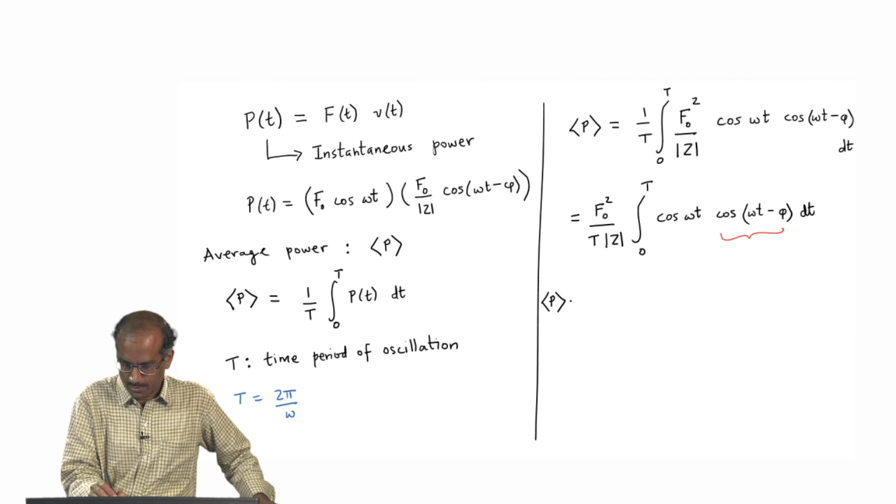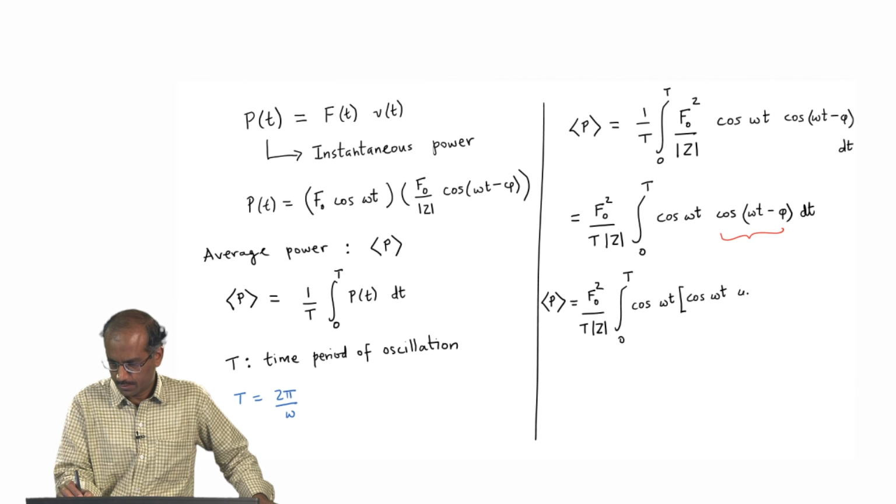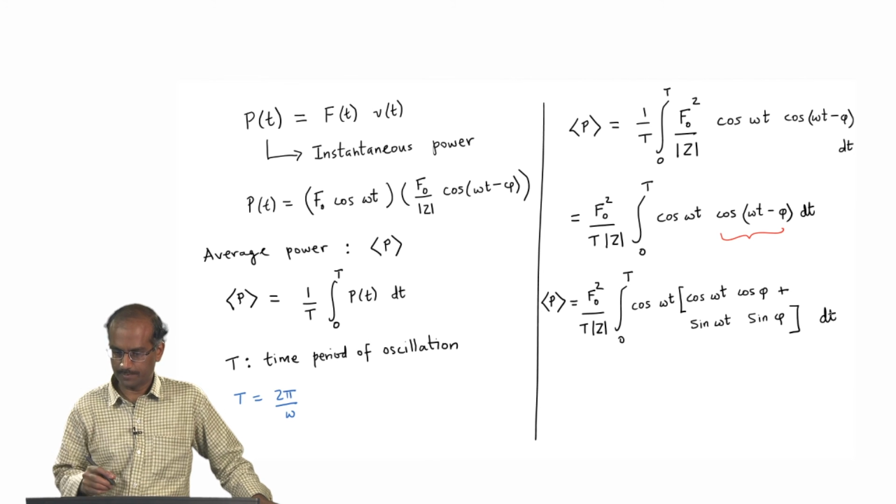Average P would be F0 squared by T into the integral from 0 to capital T of cos omega t into (cos omega t cos phi plus sin omega t sin phi) dt.